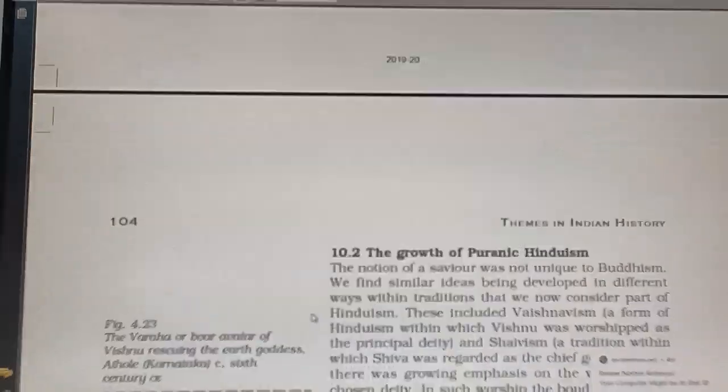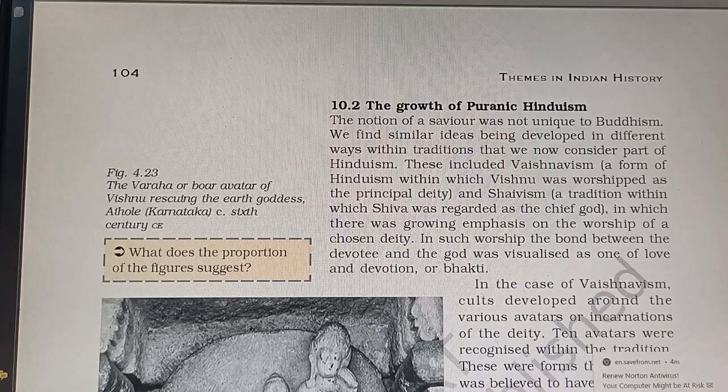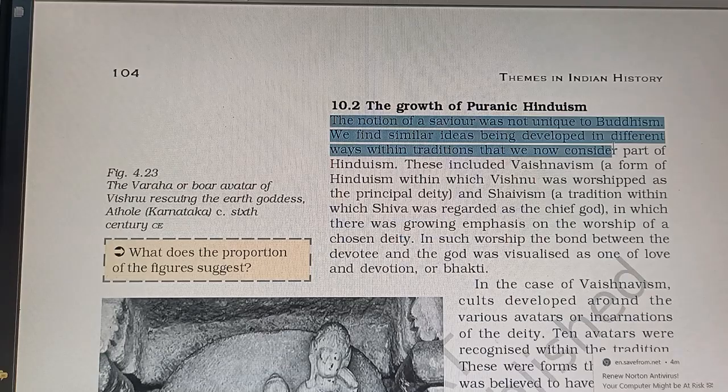And in the same way, we also see the growth of Puranic Hinduism. This notion of the savior was not unique to Buddhism. We also find this idea being developed in different ways within the tradition that we consider a part of Hinduism. So in Puranic Hinduism, they started emphasizing one particular god.